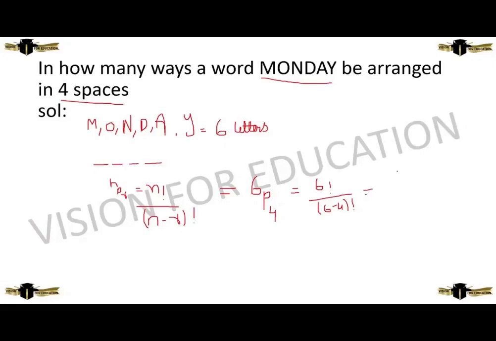That is equal to 6 factorial by 2 factorial. 6 factorial is 6 into 5 into 4 into 3 into 2, by 2. 2 cancels. We'll get the answer as 360.